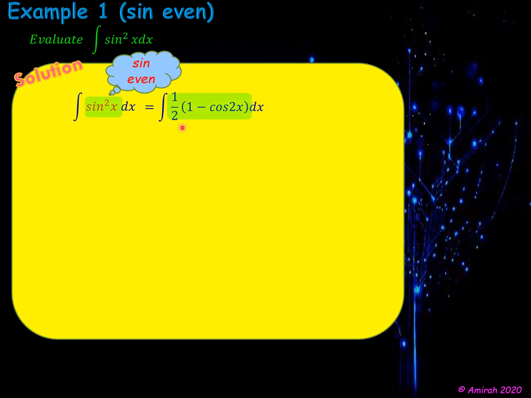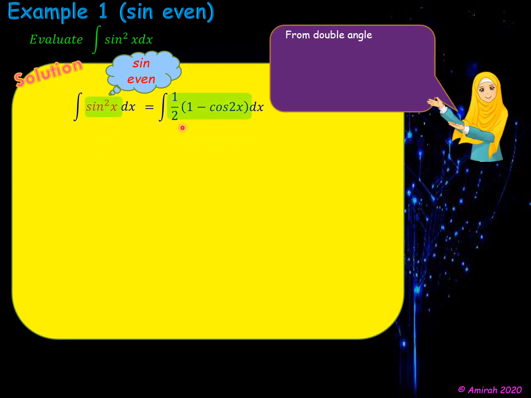This formula we get from the double angle identity, from cos 2x equals 1 minus 2 sine squared x, and then we make sine squared x the subject, and we have half times 1 minus cos 2x.